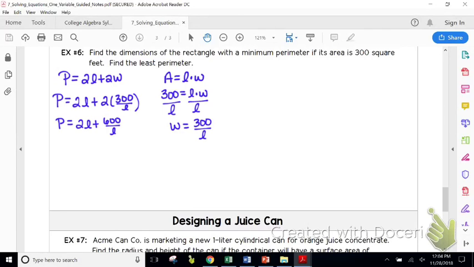No, it's just L, because I'm just dividing by that L right there, and so W is just 300 over L. No, because this is over 1, and remember, you multiply fractions straight across. Good question, though.